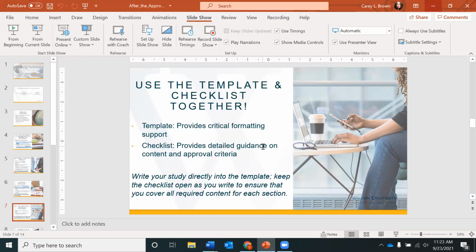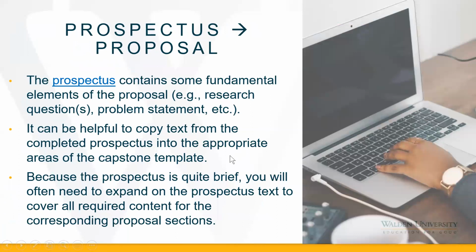And to the extent possible, and I know that this can get complicated when you're exchanging work with various reviewers and faculty, try to keep as much in the same document as you can. That can be very helpful in version and revision control, so you don't lose track of all of your changes. Let me go back into full screen here.